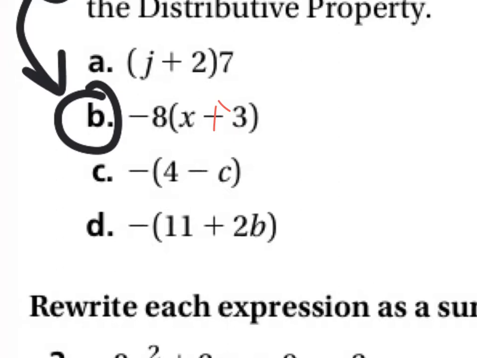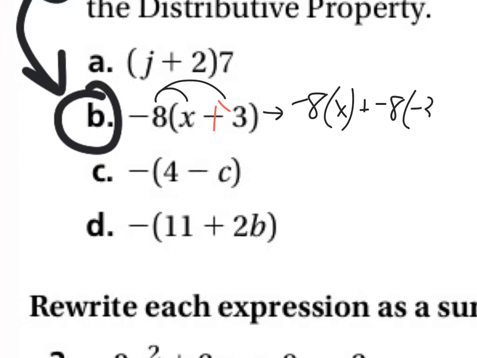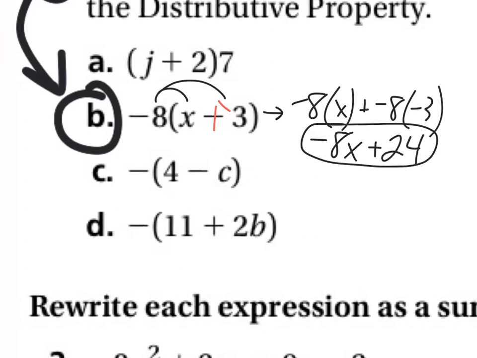You don't have to do it that way, but just something to think about. And then we're going to distribute. So we distribute, we got negative 8 times x plus negative 8 times negative 3. And then that would be negative 8x plus negative 8 times negative 3. Negative times negative would be a positive 24. Those are not like terms, so we are done at that point.